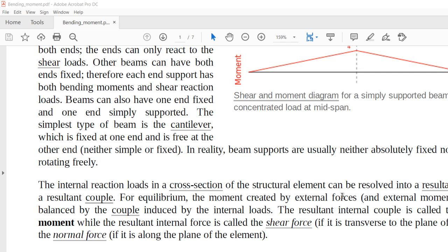For equilibrium, that means when there is no net force or net moment, the external and the internal moment should be equal.